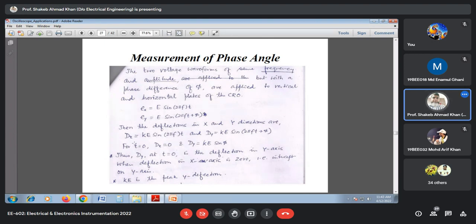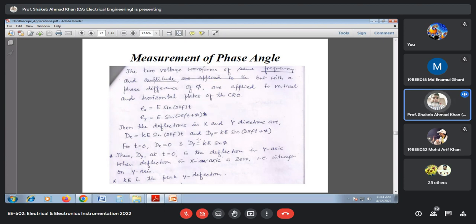So now because of these deflections, a certain Lissajous pattern will be produced on the screen. Now for this Lissajous pattern, for t is equal to 0, there will not be any deflection in the x direction, in the horizontal direction, because as per the nature of the voltage applied to the X plate, it will be 0.